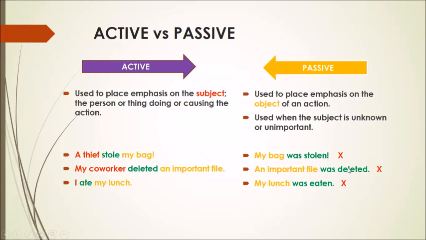It doesn't matter who did this action. The most important thing is that this file disappeared. My lunch was eaten. Who ate my lunch? I don't care. Okay, but the important thing is my lunch was eaten.